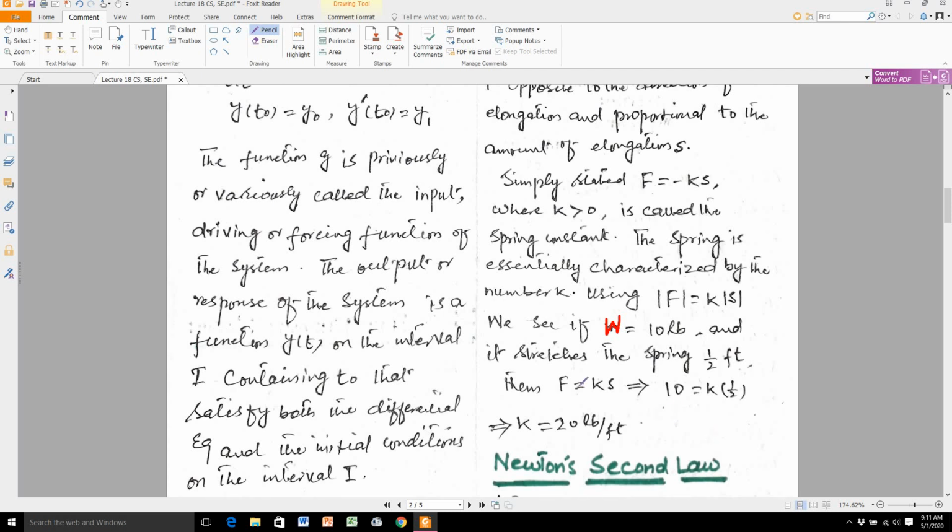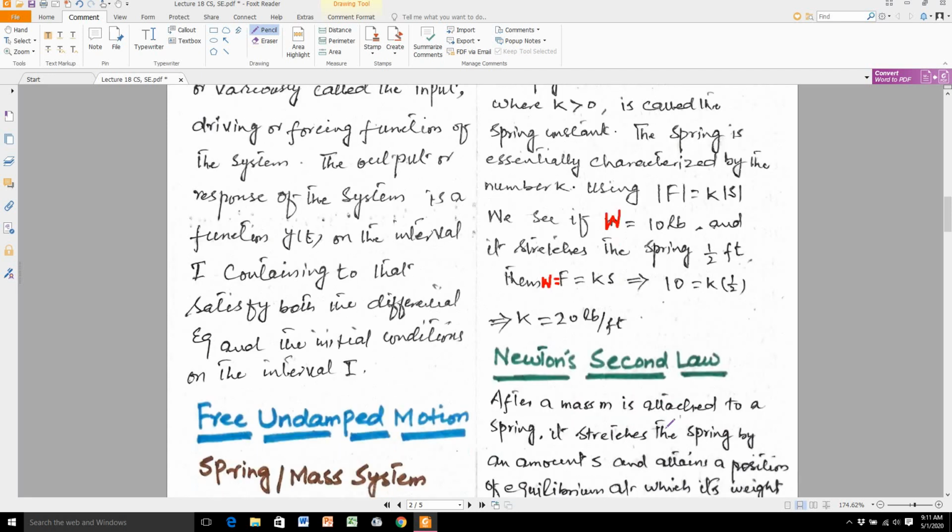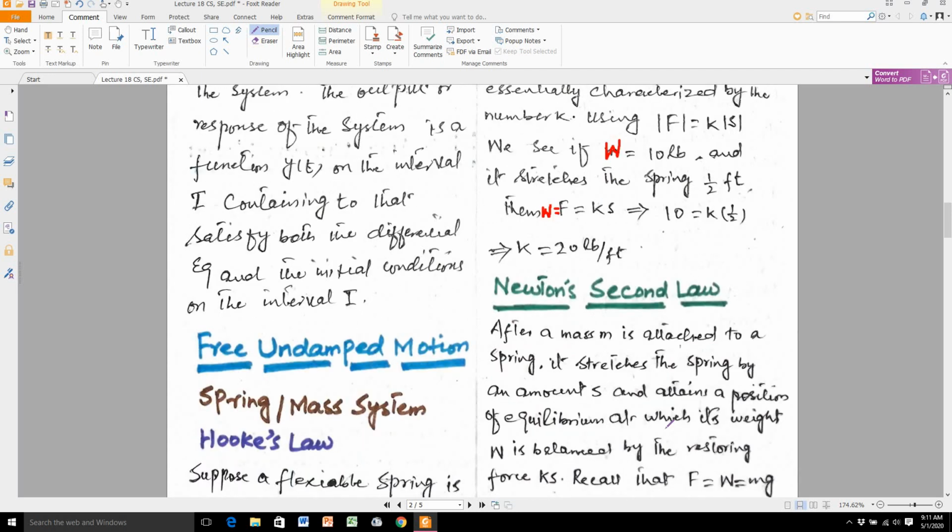Do you understand this? I am writing here W is equal to F. Now move towards Newton's second law.